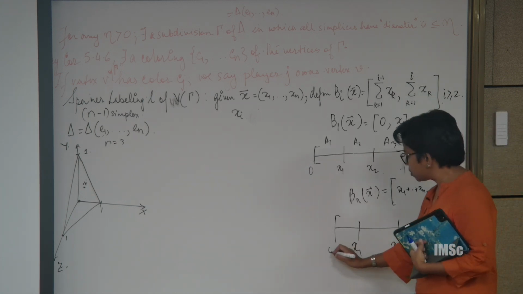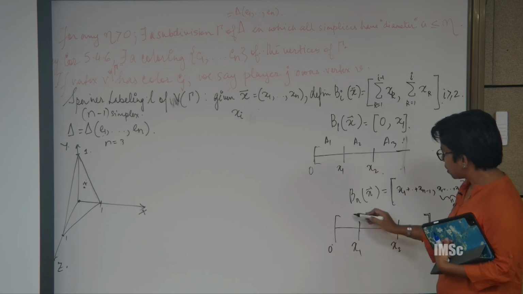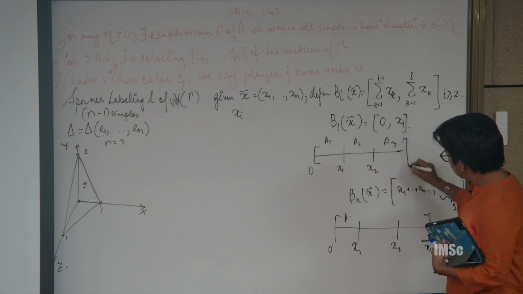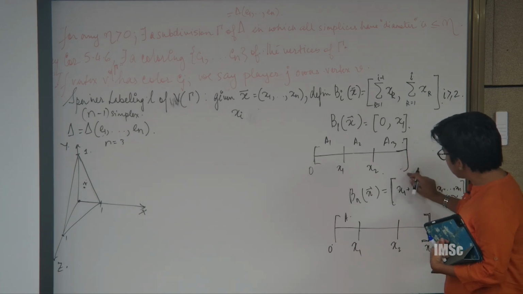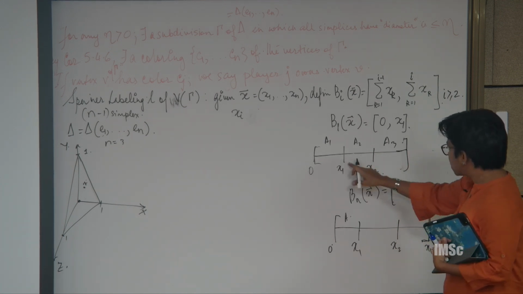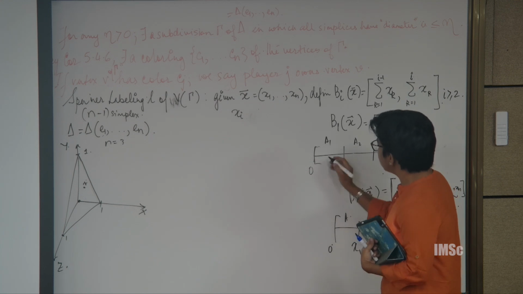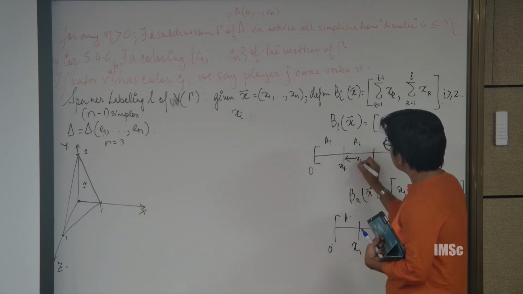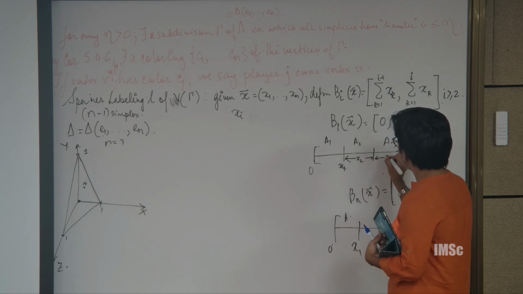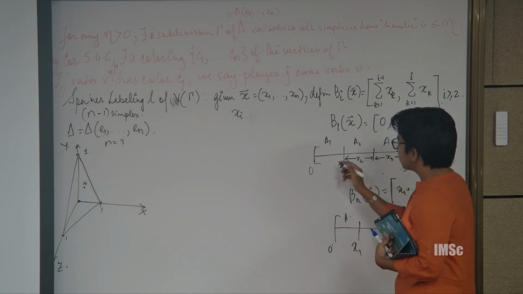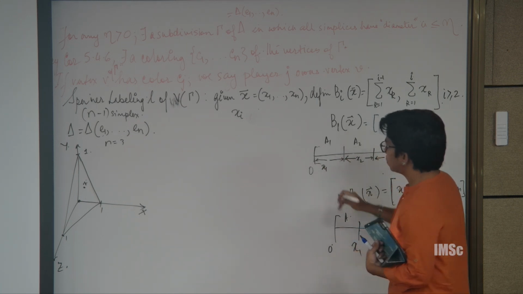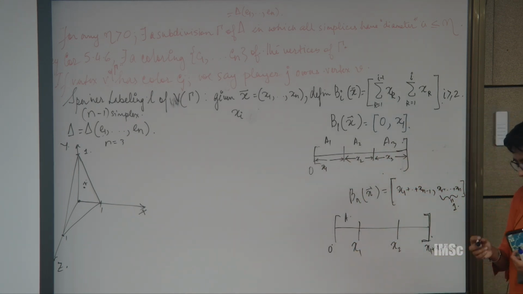So, this is how the splitting will be. This is correct. This piece is basically x_1, this length is x_2, this length is x_3. Of course, this length is also x_1 because I am counting from 0. So, my diagram was wrong, the way I was depicting it.